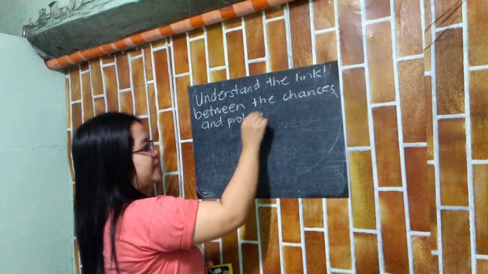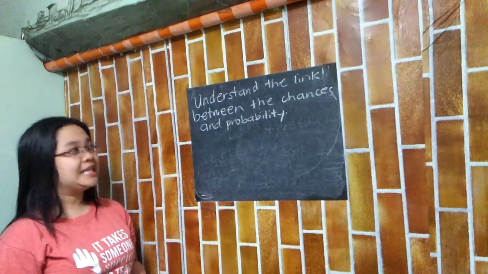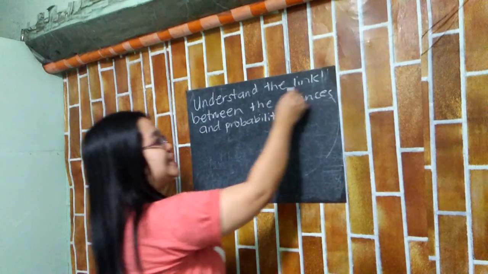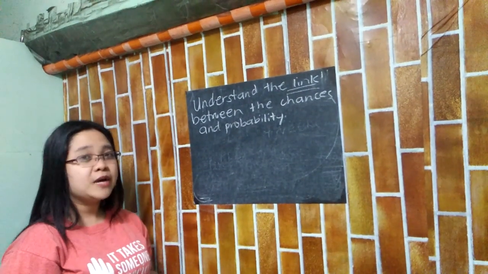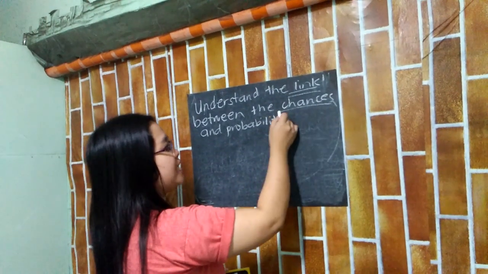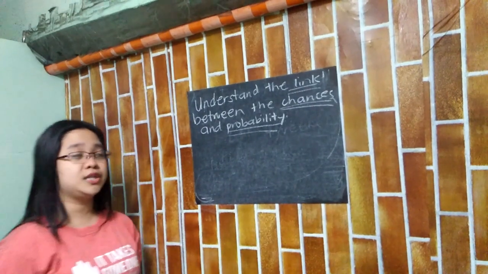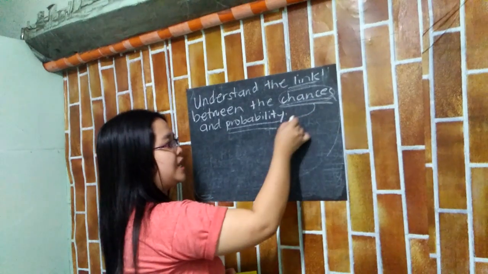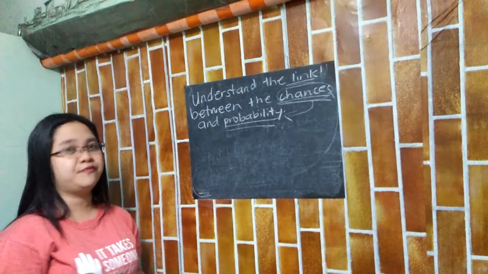Let me repeat what we are going to learn for today: understand the link between the chances and probability. When you say link, it has something to do with the connections, the relationship. The relationship of what? In this case, we will find out how chances and probability are connected to one another, or simply, how our knowledge in chances will enable us to find out the probability of an event.